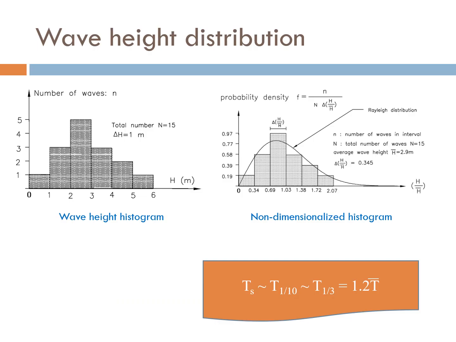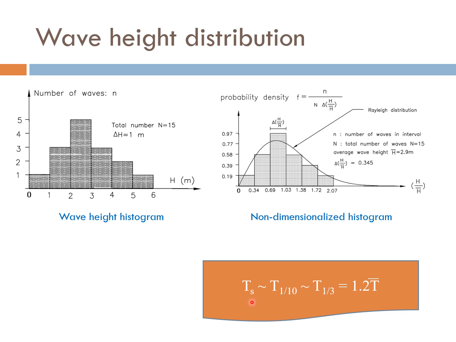If we use the same method to analyze wave period, then we can also get the significant wave period. We can also get the T10, but usually the spread of the wave period is less compared to the wave height.